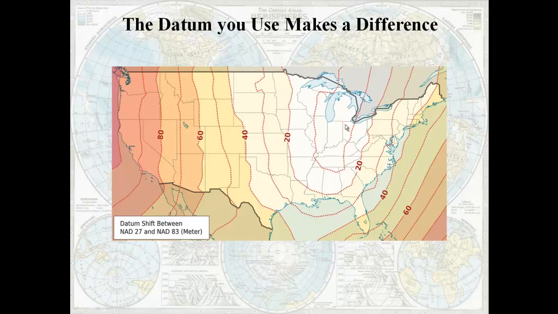But as you got further and further from that intersection point, you can see that the newer ellipse is going to get further and further from the older ellipse. So by the time you get to Idaho, you're maybe 70 meters different between the two, 210 feet horizontally. So that's going to make a big difference if you give it in one datum and somebody else uses it in another.